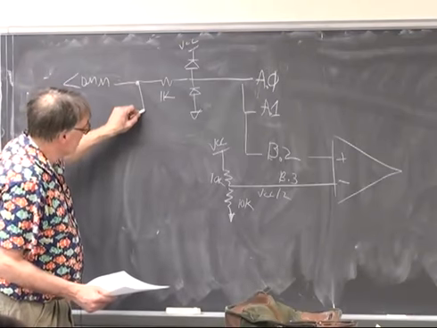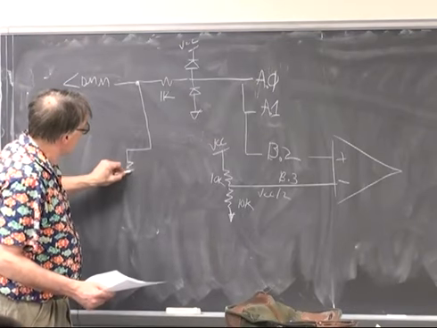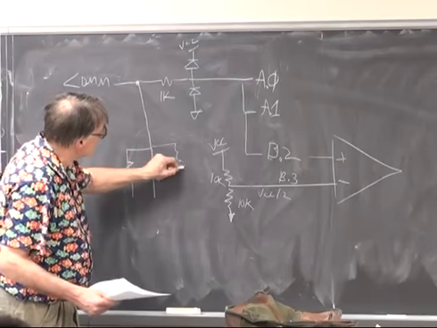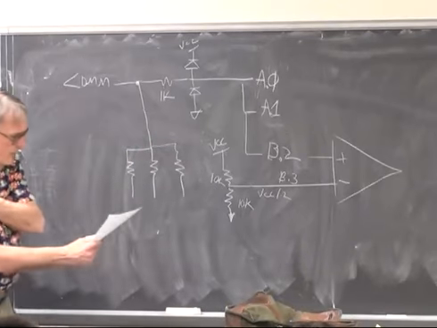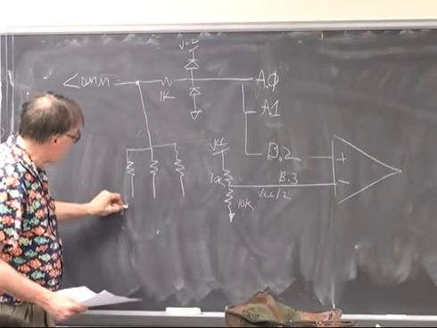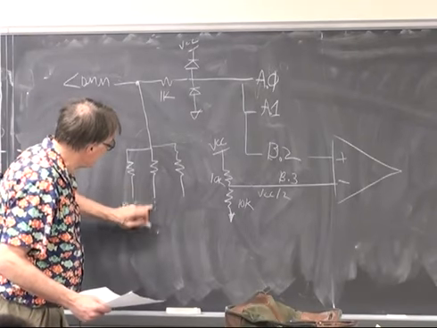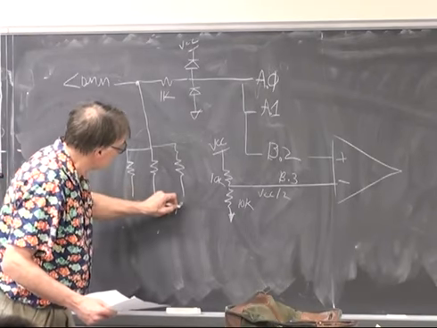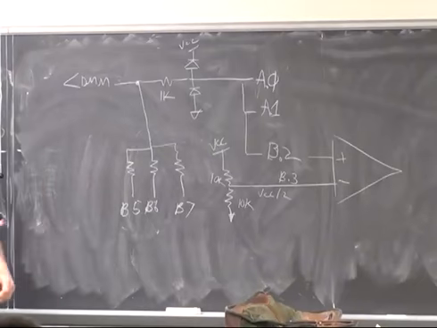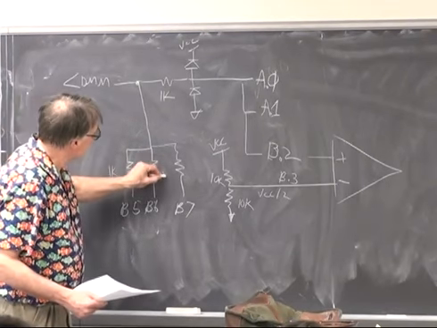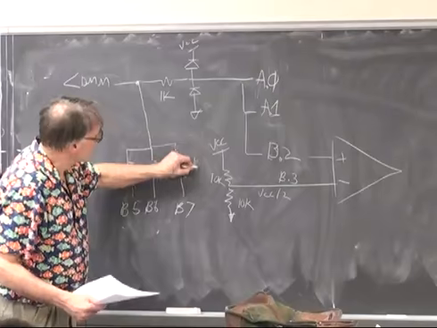Now there are also going to be probably two or three resistors that go to several other pins. Maybe B5, B6, and B7, it doesn't matter. Let's make these 1K, 10K, and 100K.